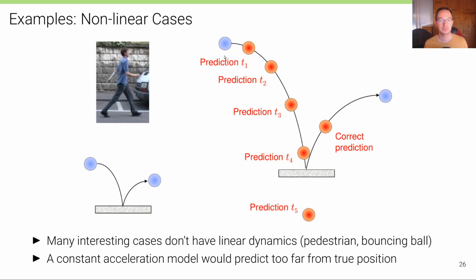If you would use, for example, a constant acceleration model, then at this point we would predict in the next frame this ball to be here, but actually it bounces back. And so the prediction would be too far from the true position to yield a meaningful correction in the correction step. And it would strongly violate the linear model.